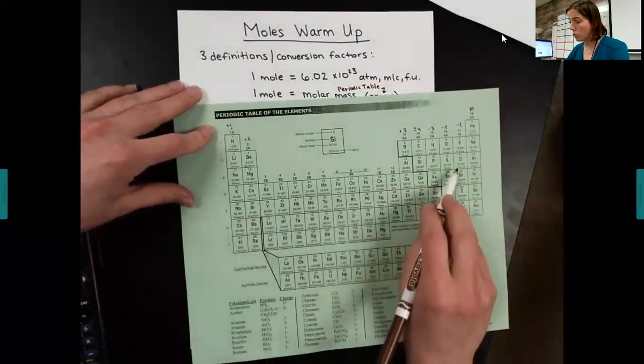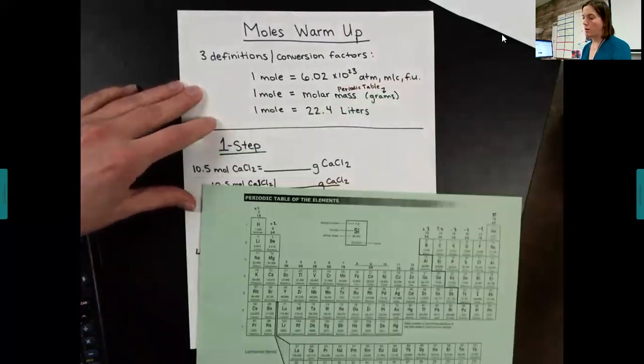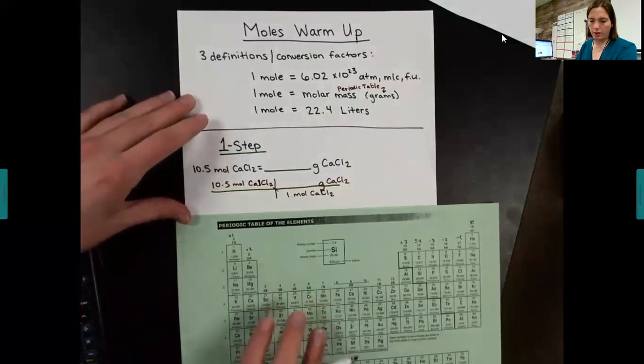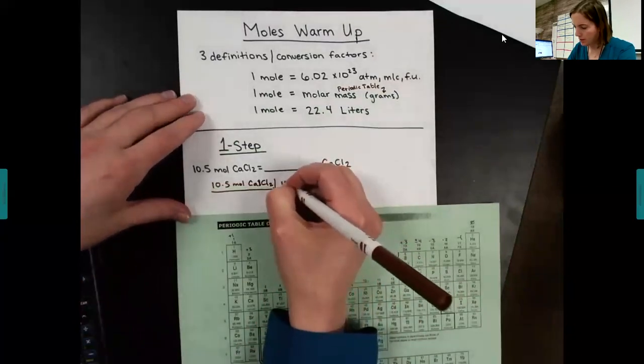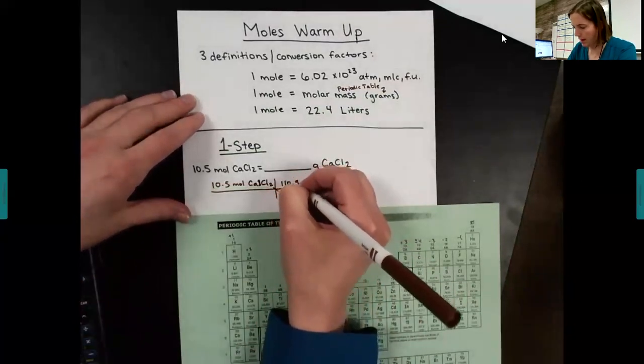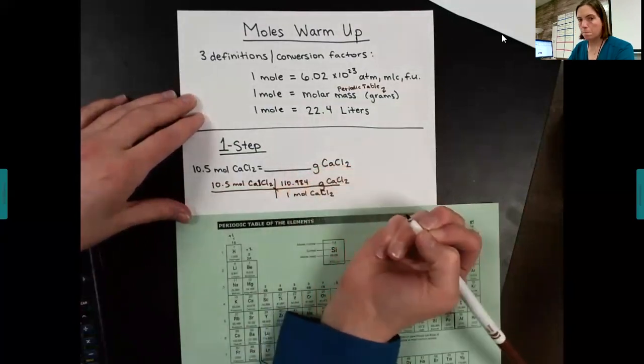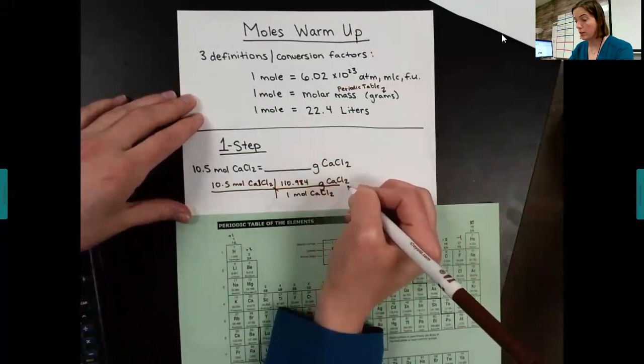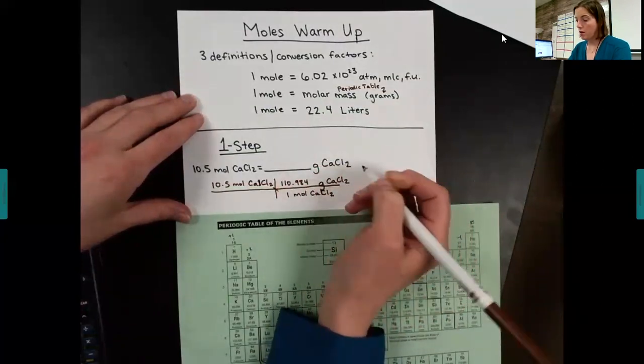And I have 2 chlorine, so I'm going to add 2 times 35.453. And when I do that, I get 110.984. All right, so that's my molar mass. It's 1 calcium and 2 chlorines from the periodic table.